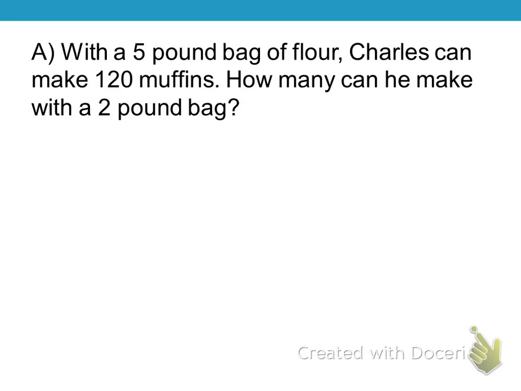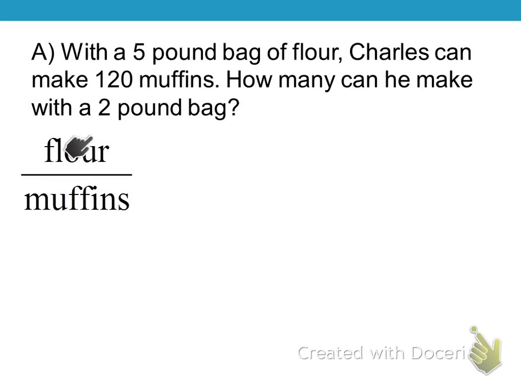So would you write 5 over 120 equals 2 over x? So first thing you want to do is decide what are the two things you're talking about. Here they're talking about the relationship between the pounds of flour and how many muffins it will make. Okay? So for each ratio, I need to have flour on top, muffins on bottom.